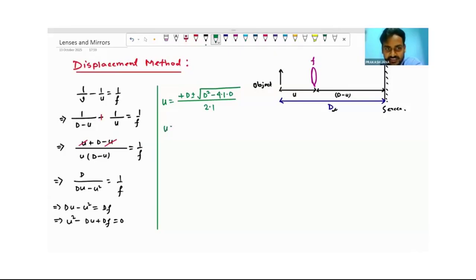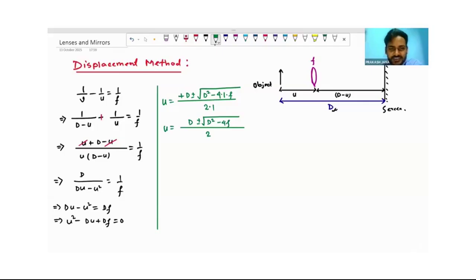So let us write it precisely. u is equal to plus D, plus minus root under D square minus, sorry, here it will be Df, 4Df, by 2.